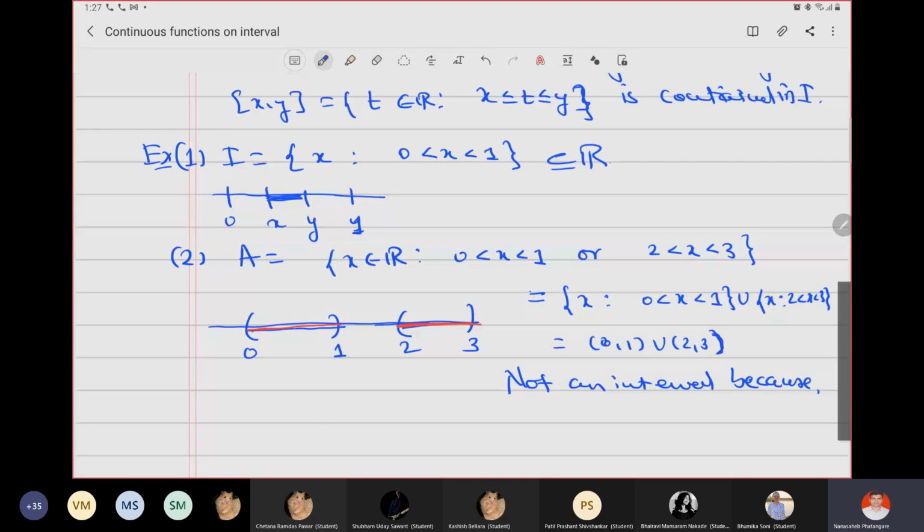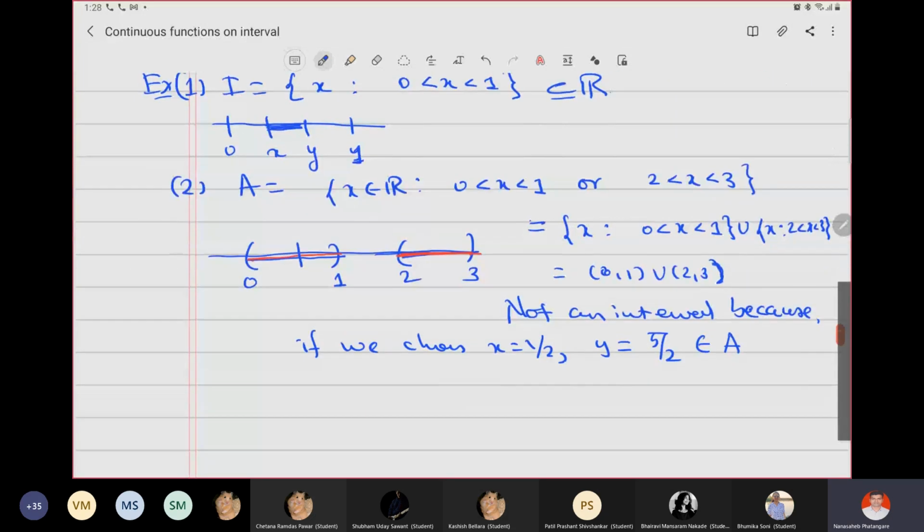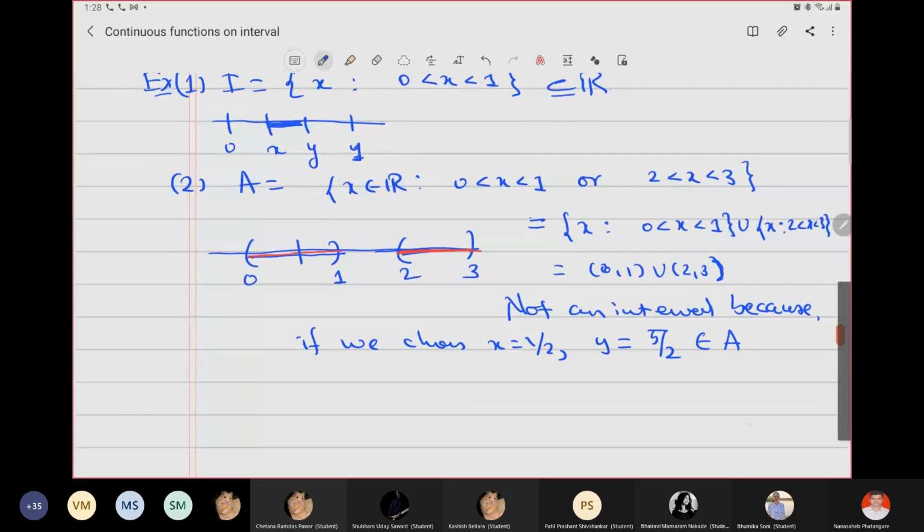And what fails? Suppose we choose x equal to half and y equal to 5 by 2. Are x and y members of set A? Yes. X is equal to half and y is equal to 5 by 2.